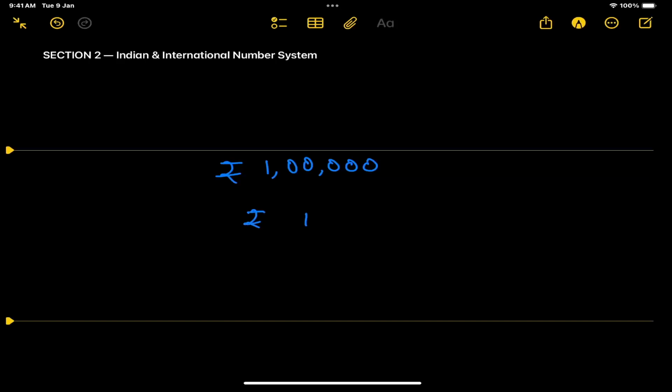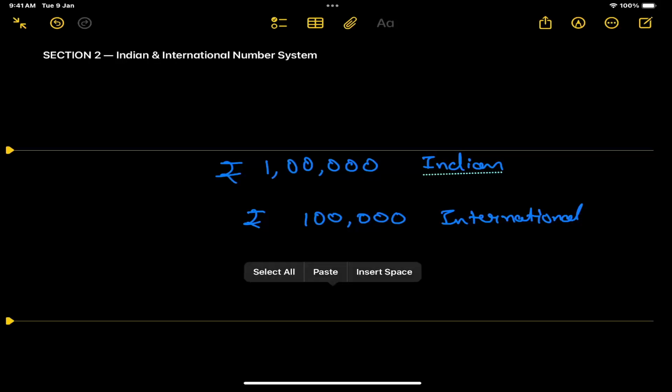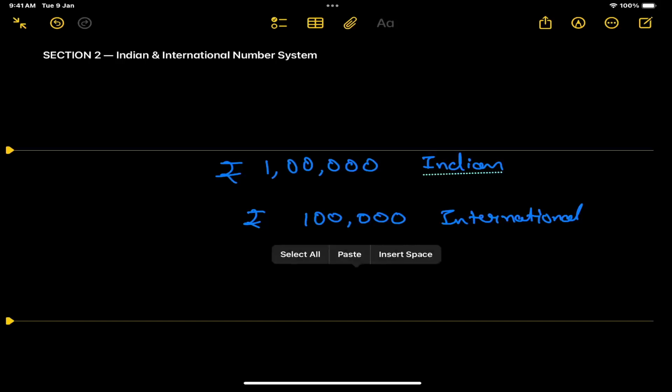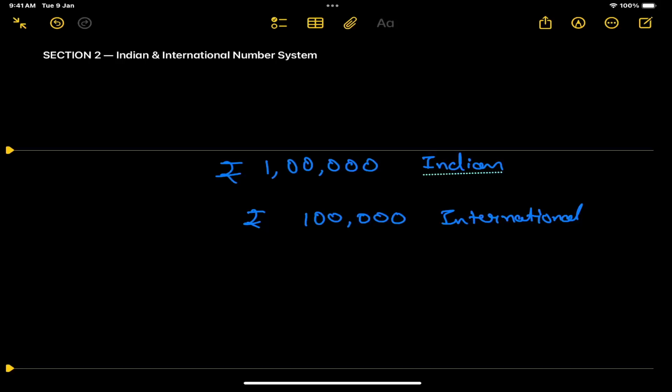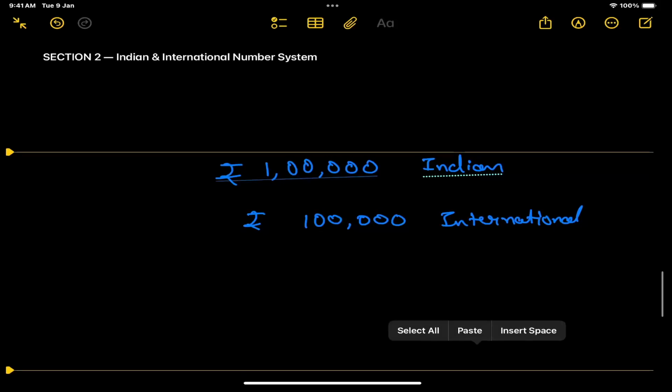Rupees will be rupees. So can you explain what the differences are here? This is Indian number system. This is international number system. The difference here lies with the comma.